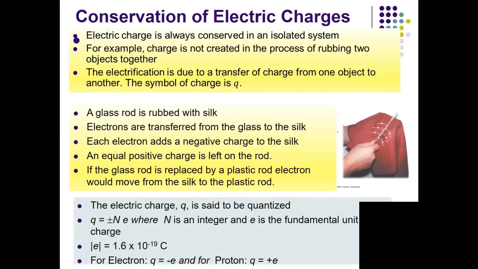So something important to know about is the conservation of electric charge. If you take any material in the universe, for example, a piece of glass or a piece of fabric or plastic or any other piece of material, it simply consists of atoms. And atoms consist of nuclei. Inside the nuclei of atoms, we have protons and we have neutrons. Protons are elementary particles with positive charge, and neutrons are elementary particles that are neutral, meaning they don't have any charge.